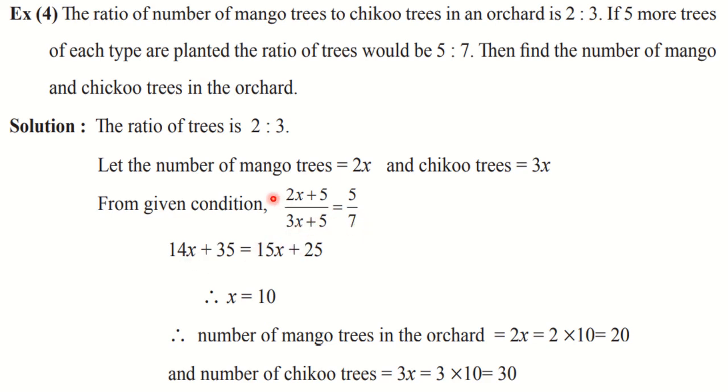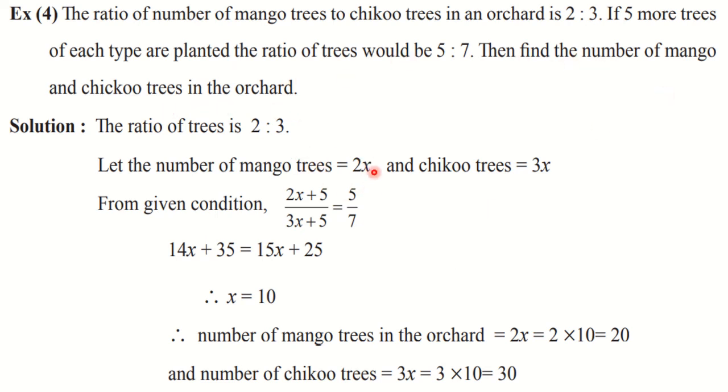So 7 into 2x is 14x, 7 into 5 is 35. Similarly, 3x into 5 is 15x and 5 into 5 is 25. Now shift this 14x this side and 25 that side. So what you will get? x is equal to 10. Here the value of x we got as 10, but you don't have to stop here because you have to find the number of mango trees and chiku trees.